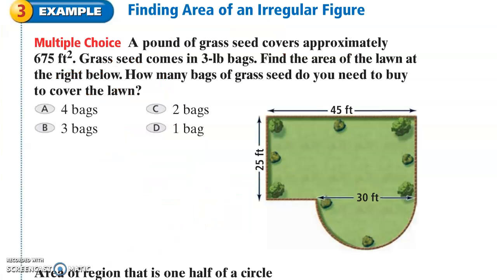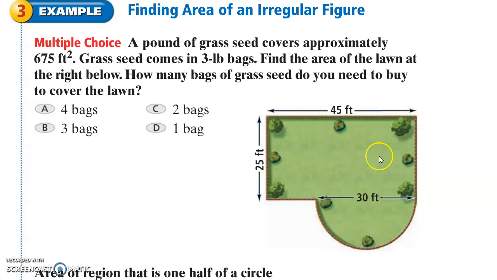The last thing we're going to talk about this lesson is how to find the area of an irregular figure. An irregular figure is more than just a rectangle or a triangle or a circle. It's just using our critical thinking skills to figure out what the area of this is. Now look at this shape. It says a pound of grass seed covers approximately 675 square feet.